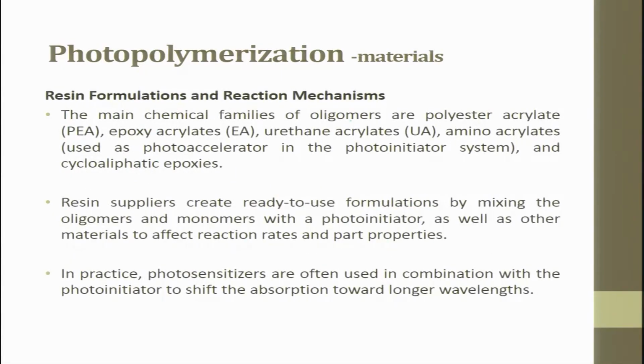The main chemical families of oligomers are polyester acrylate PEA, epoxy acrylate EA, urethane acrylates UA, and amino acrylates used as photoaccelerators in the photoinitiator systems, and cycloaliphatic epoxies. Resin suppliers create ready-to-use formulations by mixing the oligomers and monomers with the photoinitiators as well as other materials to affect reaction rate and part properties. In practice, photosensitizers are often used in combination with the photoinitiator to shift the absorption towards longer wavelengths.